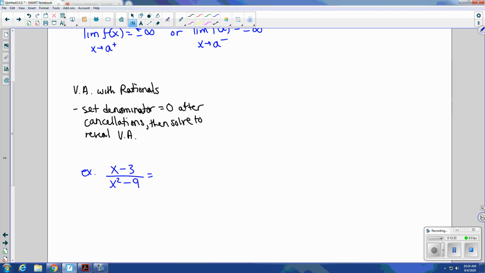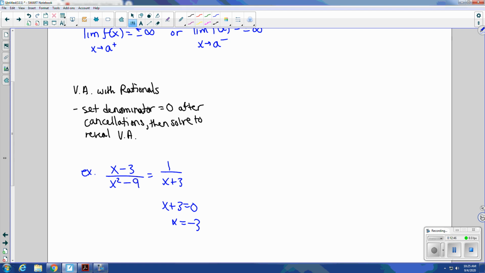Okay, so we can see there's going to be a cancellation because if I factor the denominator, I can cancel it with that x minus 3, and I'll have 1 over x plus 3. Then I set this denominator equal to 0, and I solve, and I'll get a vertical asymptote at x equals negative 3. And the vertical asymptote equation is a vertical line, so x equals is the correct notation, and that is how you do that.